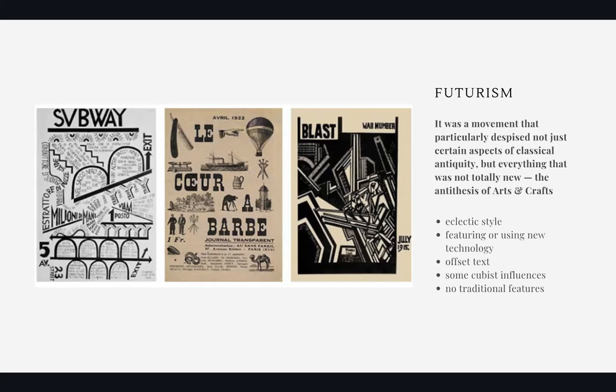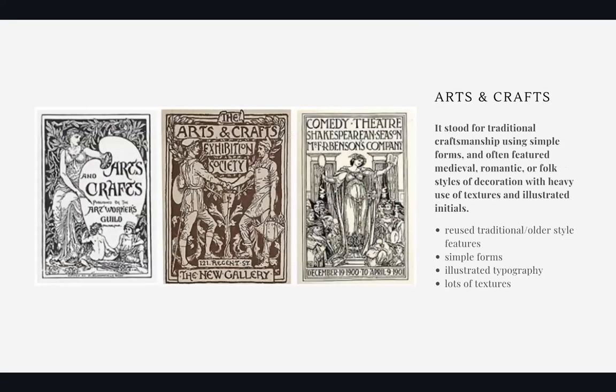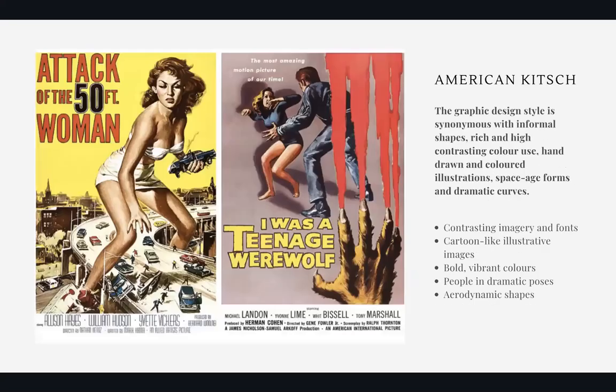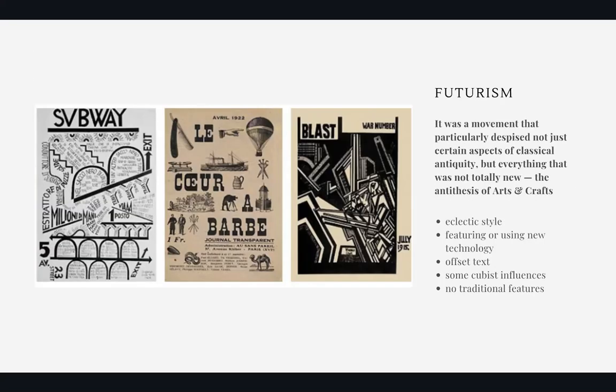So here you can't see anything that's traditional, unlike arts and crafts, okay? And you can see that the text style they use here was not exactly regular, you can see the kernings many times are not regular, right? And it's just characteristics of the style, okay? So, yeah, this is what futurism looks like.